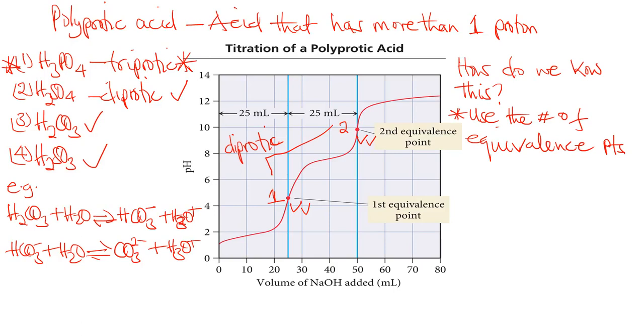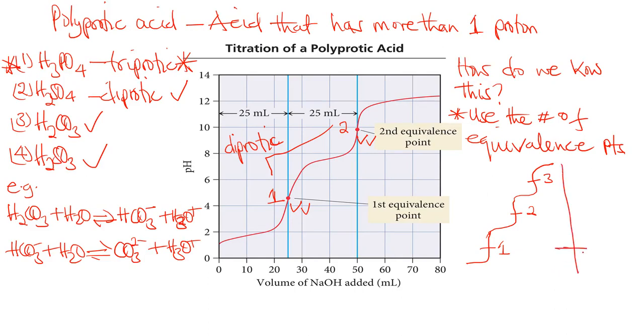So if you have a triprotic acid, you expect to have the first equivalence point, the second equivalence point, and the third equivalent point. So you have equivalence 1, equivalence 2, equivalence 3.